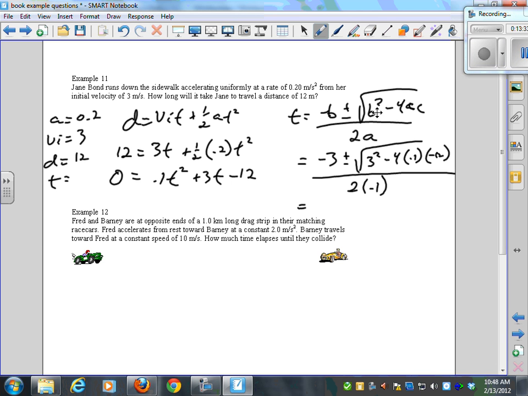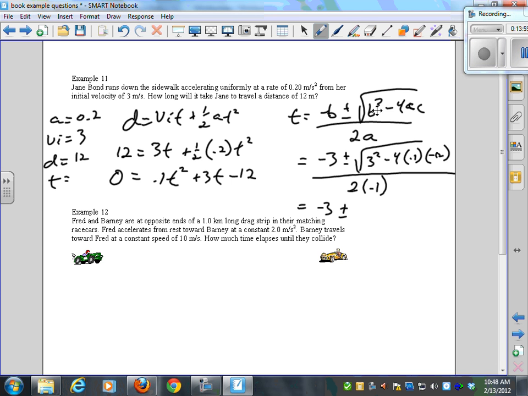Okay, so now we're going to go minus 3 plus or minus. Now, inside the square root, I've got 3 squared is 9, minus 4 times 0.1, times minus 12.